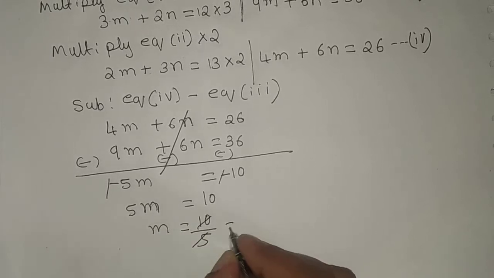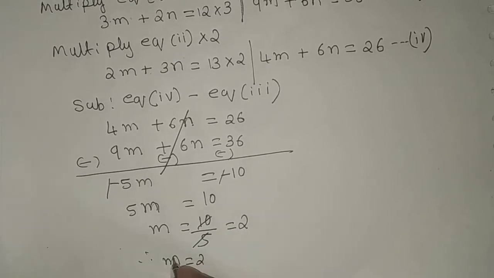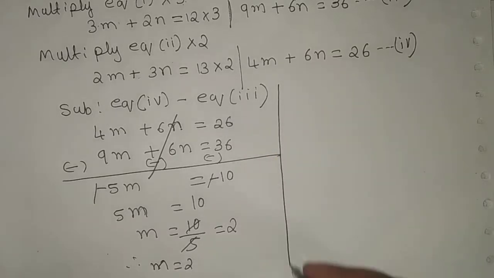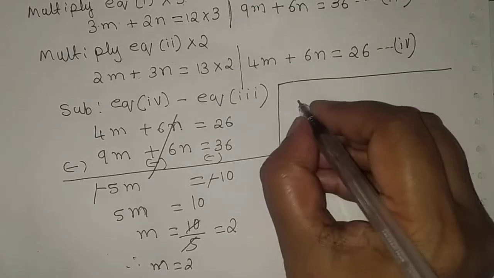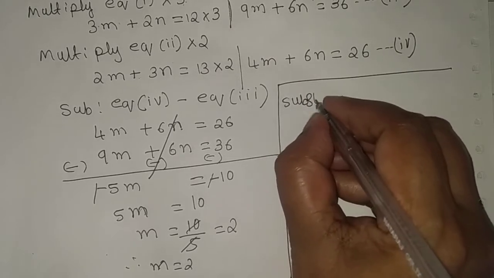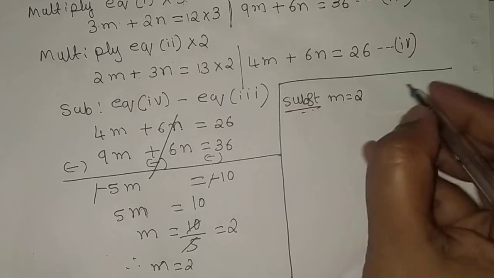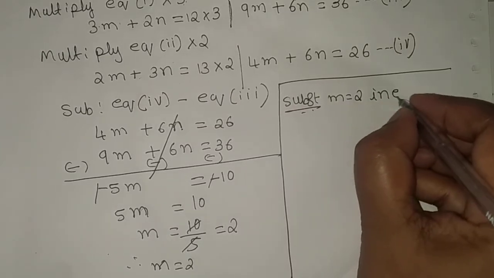Finally we get m is equal to 2. The next step is to substitute m is equal to 2 in equation 2.